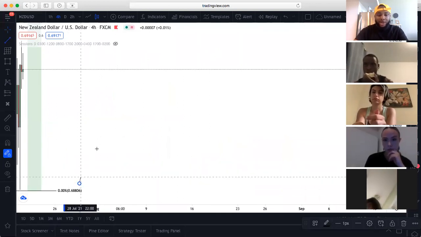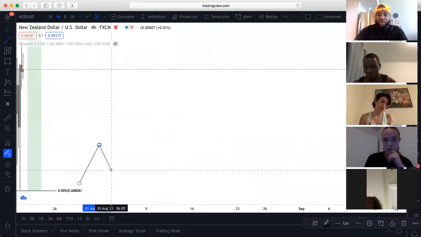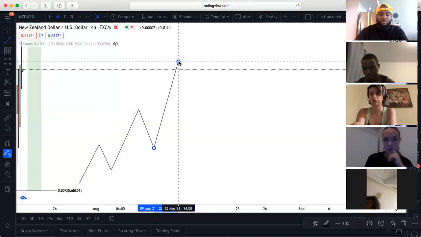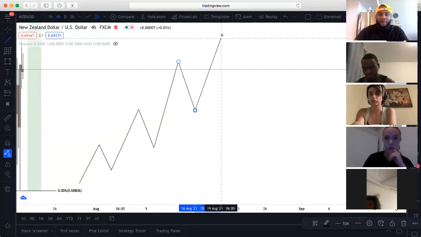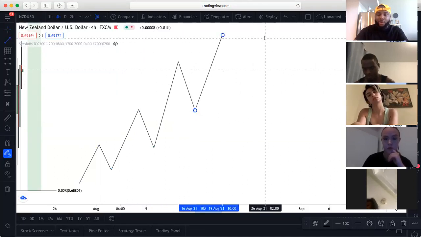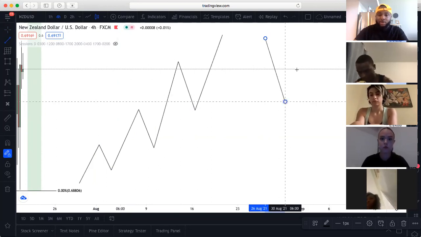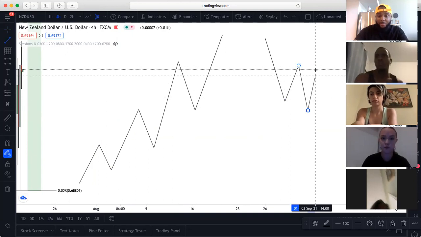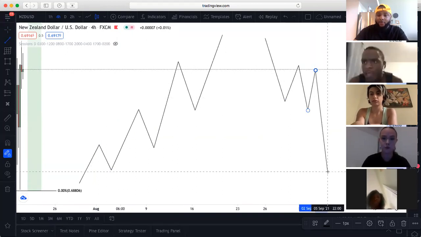So you're going to see it shoot up, retrace, shoot up, retrace, and boom. And the same thing occurs when it's pushing down. Down, retrace, maybe get a smaller push, maybe get a deeper retrace, maybe get a long ride.